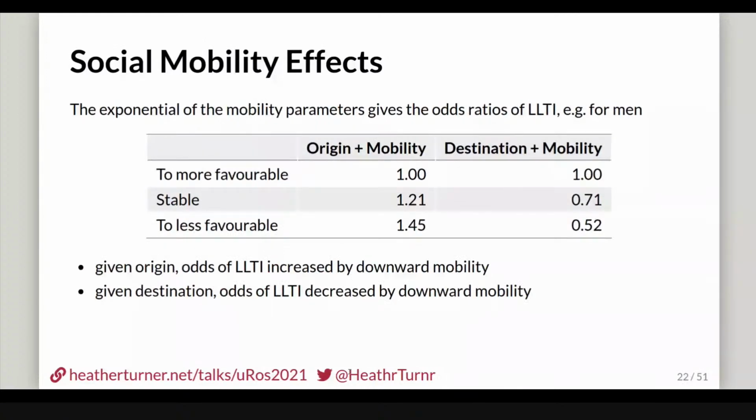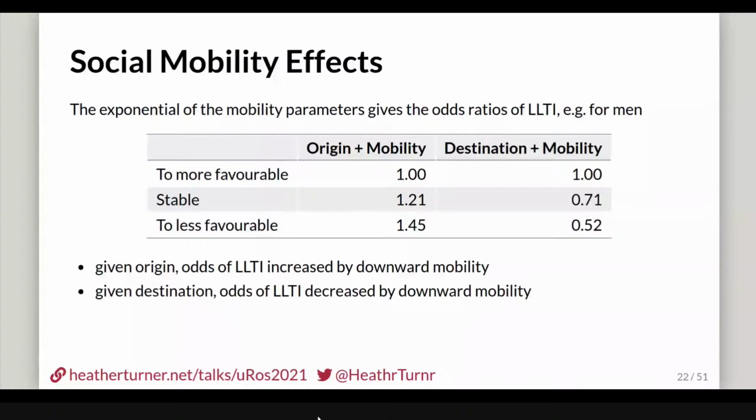If we fit these two models, the origin and mobility model and the destination and mobility model, we can take the exponential of those mobility parameters, those delta parameters, to get the odds ratios of long-term limiting illness, for example, for men, where we take the moving to more favourable as the reference, so that's odds ratio of 1, and compare that to the stable or moving to less favourable.